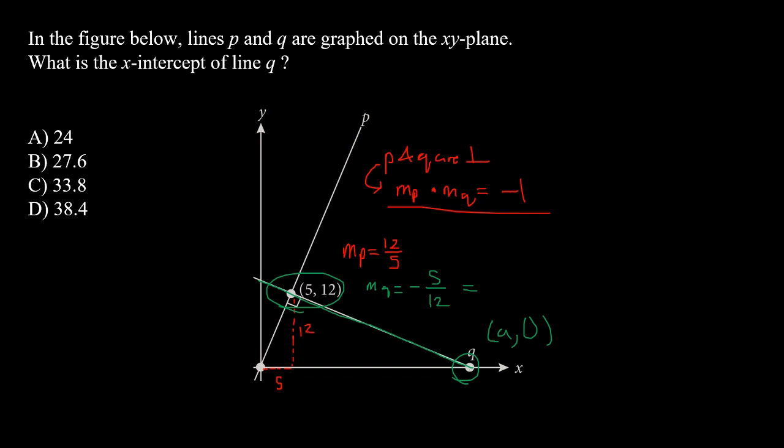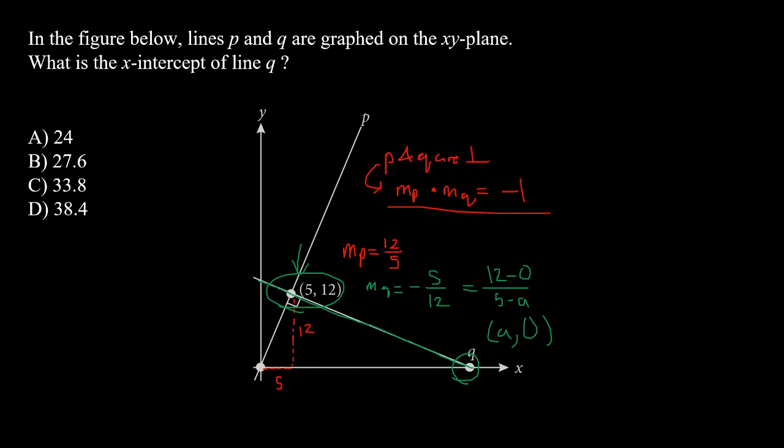And I'm going to plug in this point that we circled in green as one of the points for our slope. So it's going to be rise over run: 12 minus 0 over 5 minus a. So MQ is going to be equal to -5 over 12, which is equal to 12 minus 0 over 5 minus a.